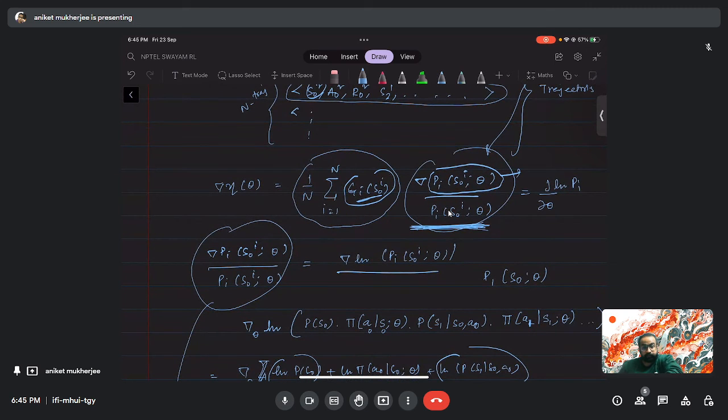So how does the final gradient change with importance sampling?